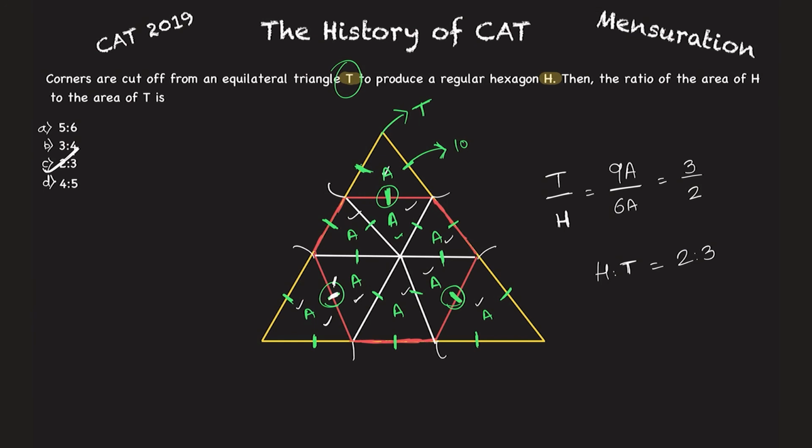This side is across the side of all the equilateral triangles that will be formed by the regular hexagon and the rest of the equilateral triangles as well. So all of them are going to have the same area. And if all of them have the same area, count how many smaller equilateral triangles are in the bigger equilateral triangle and in the regular hexagon. So get the ratio out of this. Okay, so that was the way to go.